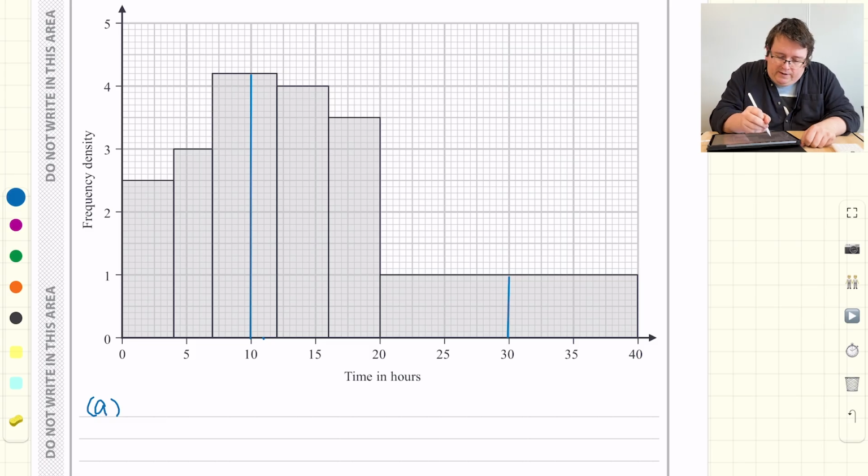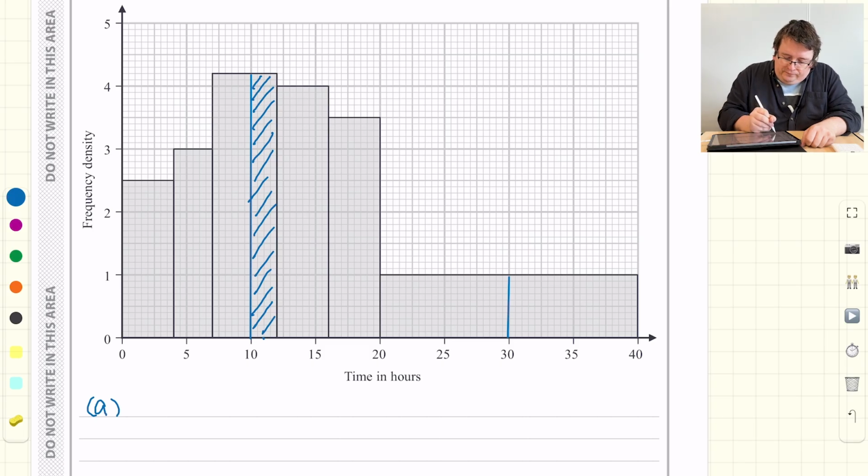Okay, so the height of the first bit of the bar, so we're going to do this bit of the bar first, is 4.2.